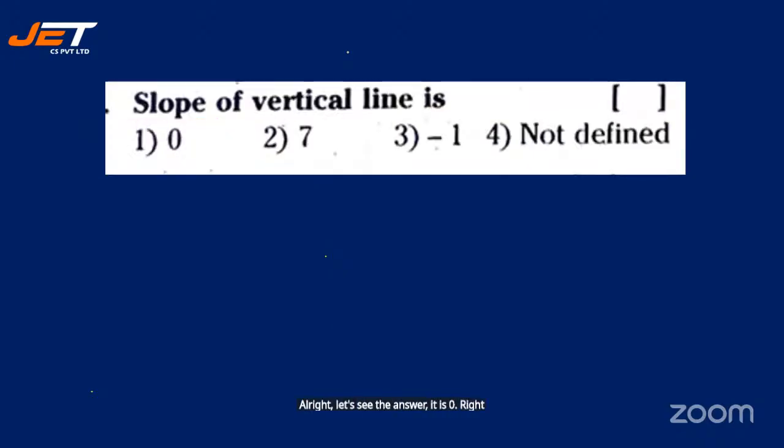Now slope of vertical line is dash. What is the slope of vertical line? Is it 0? Is it 7? Is it minus 1? Or it's not defined?